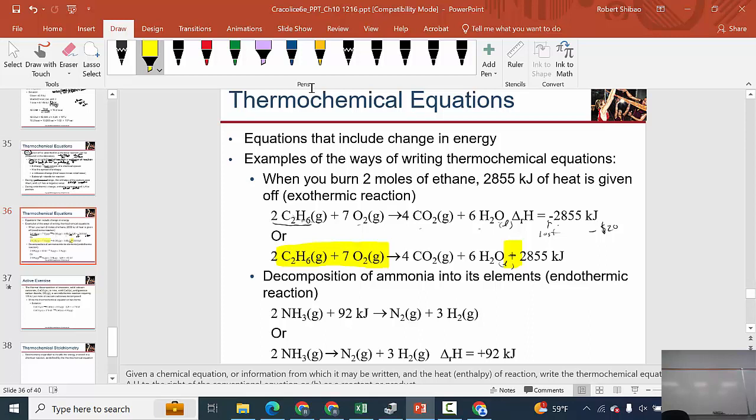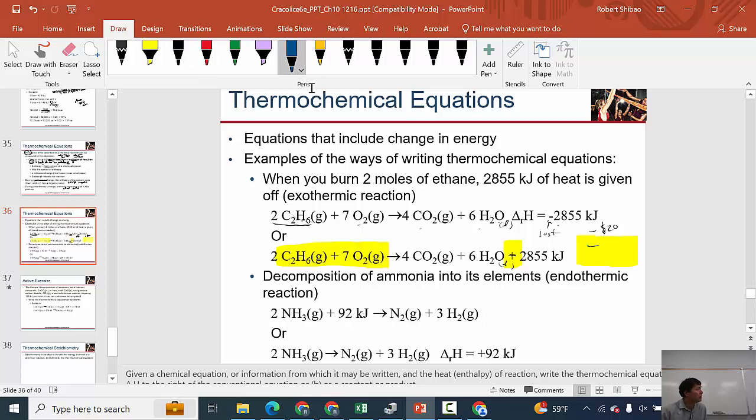And so if we're looking at this, we often write a potential energy diagram. A potential energy diagram would be shown like this. Just highlight it here.